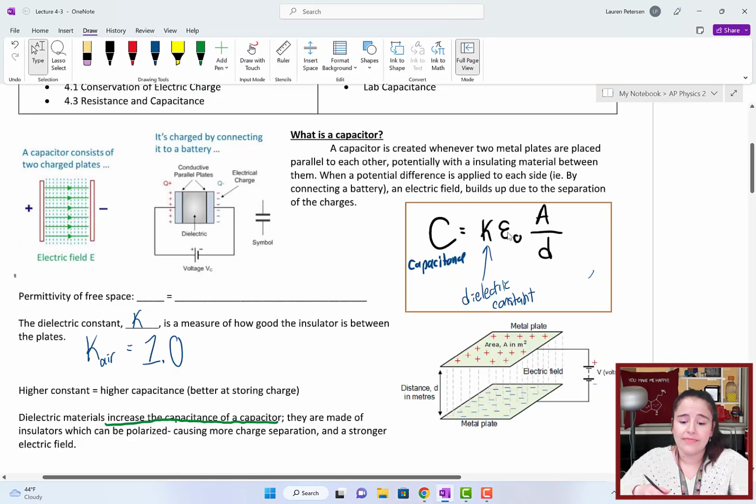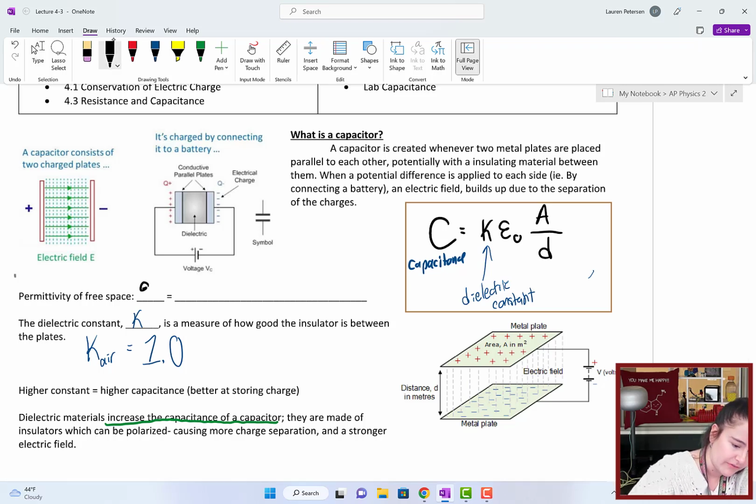And then epsilon naught is the permittivity of free space. Now, this is one of the constants on your AP Physics 2 reference sheet. It's called Coulomb's law epsilon naught, permittivity of free space, and it has a value of 8.85 times 10 to the negative 12 coulomb squared per newton meter squared.